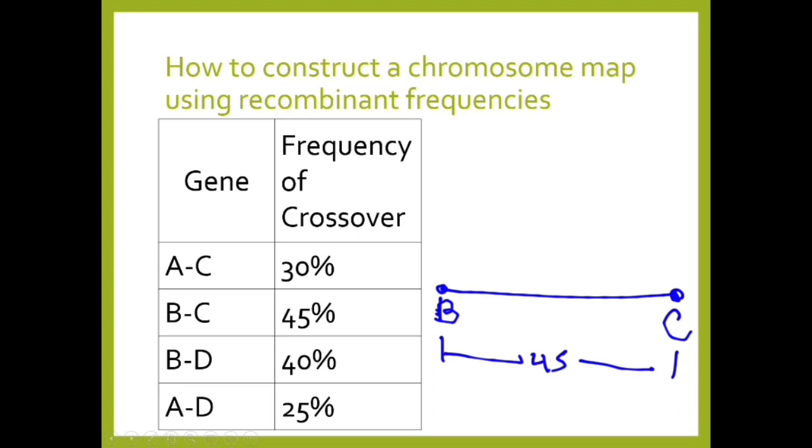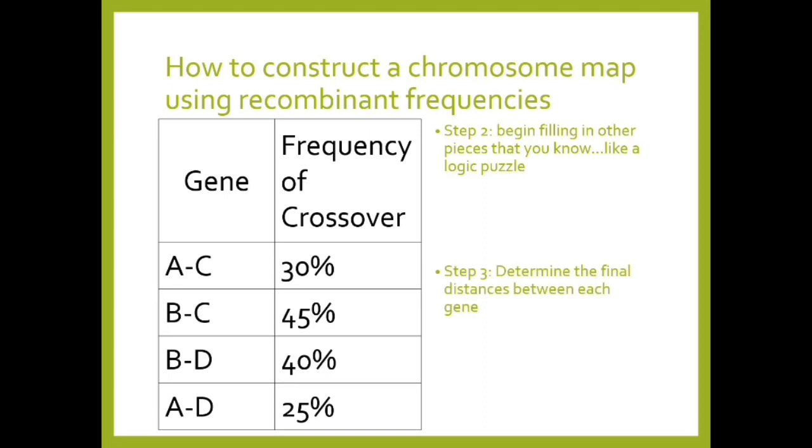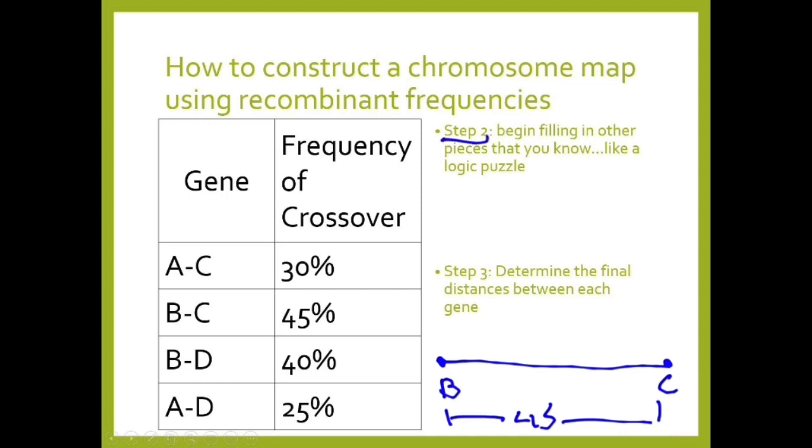The next thing I'm going to do is start filling in the other pieces that I know, and then determine the final distances of anything that's left. So here's my chromosome. There's B, there's C. I know those are 45 units across, like I just drew. I'm going to pick other ones that I know.